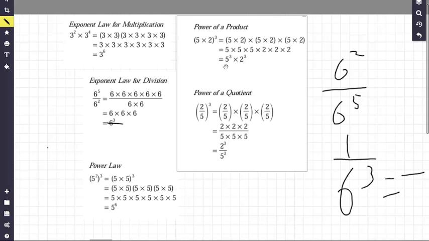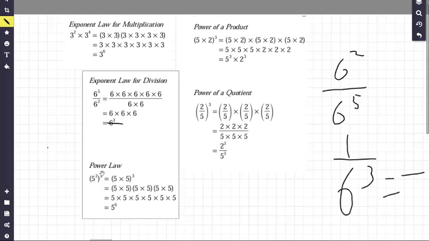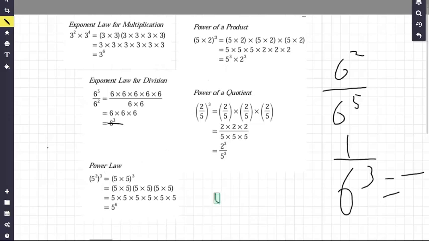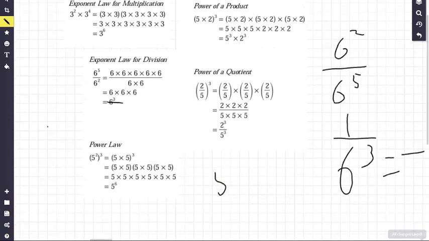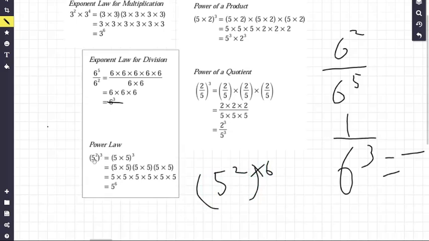Then we have the power law, which is a power to a power. Let's say we have 5 to the power of 2, all to the power of 3. Essentially, you multiply these exponents together, so you get 5 to the power of 6.